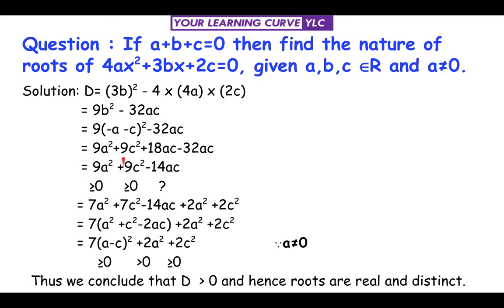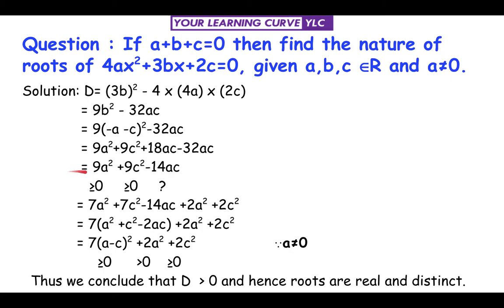Here we can predict the sign of 9a square, which is a positive number, 9c square is a positive number, but this 14ac is still a problem. We cannot predict the sign of this 14ac till now. So, what to do now? What we do? We try to use this number. We see that ac is here, a square is here, c square is here.